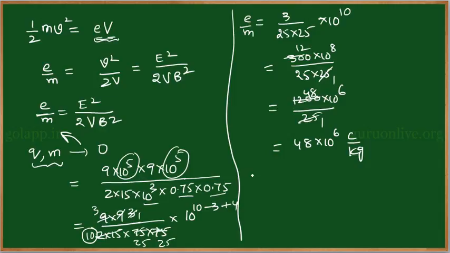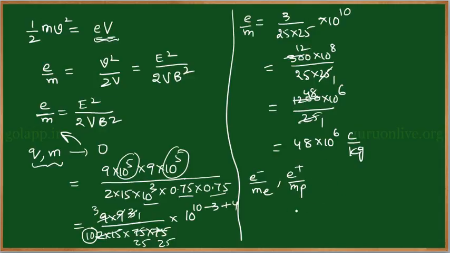We need to consider whether these are electrons or protons or some other nuclei. So first of all, I am taking the e by m ratio of electron, and I am taking the e by m ratio of proton also to compare with this value.